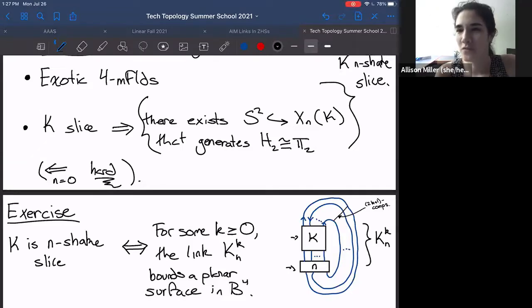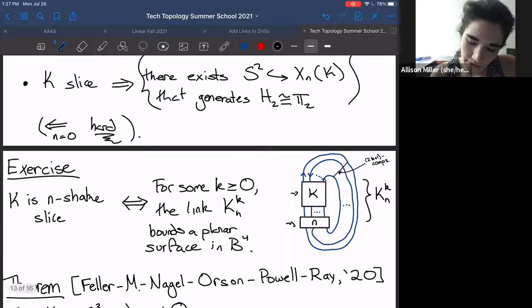The link on the right is sometimes called an n-shaking of K. You sort of shook it about and took a lot of parallel copies. So far I haven't said anything about category, and that's because so far the definitions make sense in the smooth setting and in the topologically locally flat setting, so take your pick.